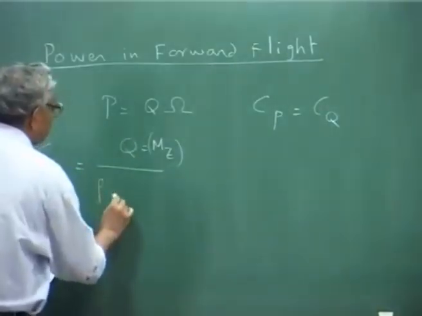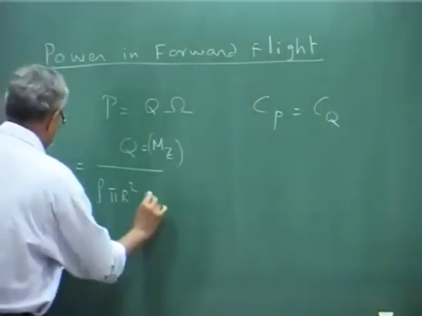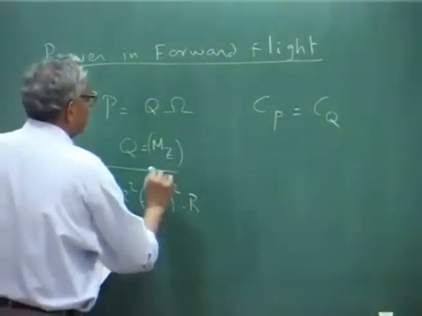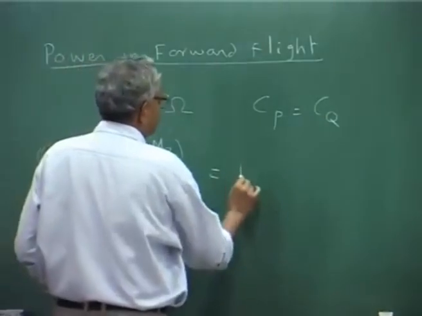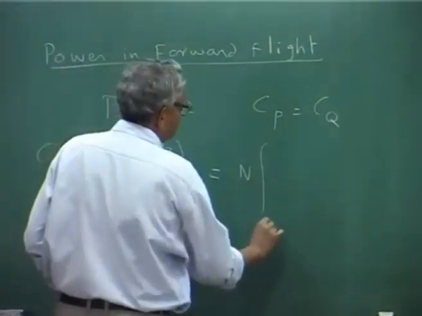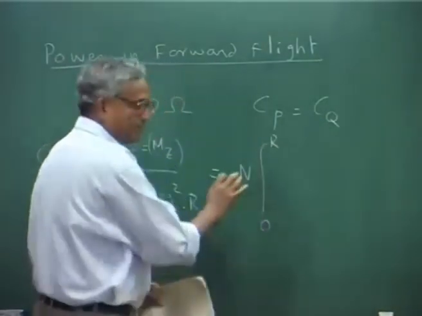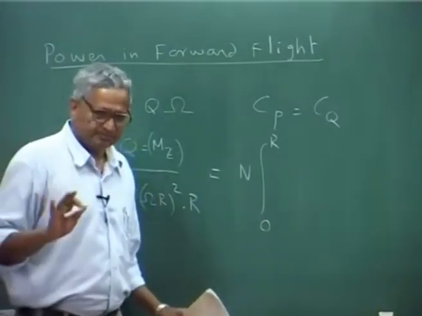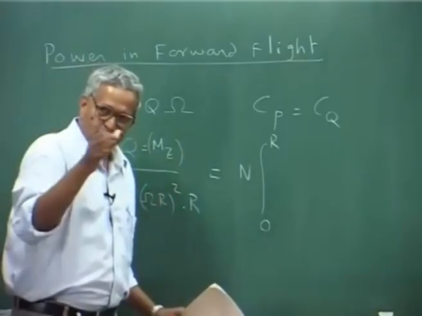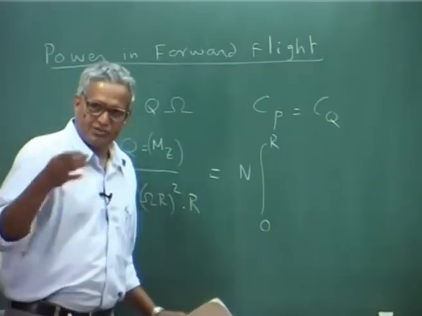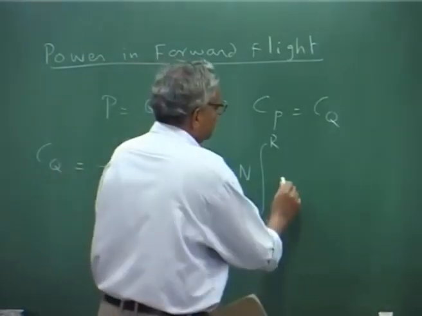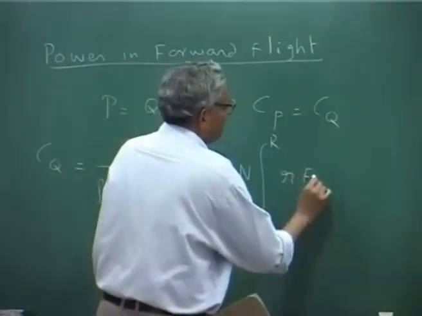So, rho into r. Now, last class I wrote, let us take 0 to capital R, n is the number of blades, we are taking the mean value. I will not put that 0 to 2 pi and 1 by 2 pi, it is assumed that we are doing that. Okay. Now, this is we wrote R f.